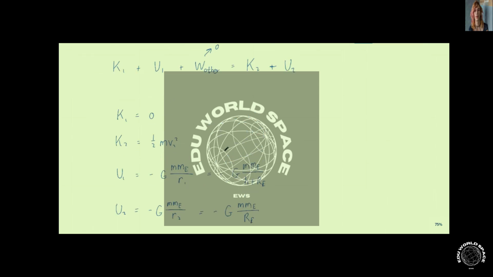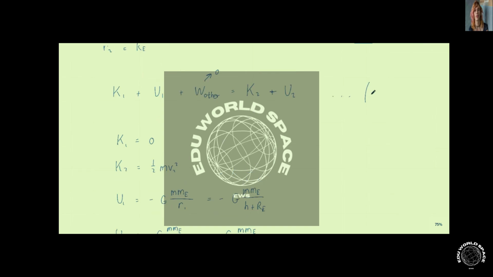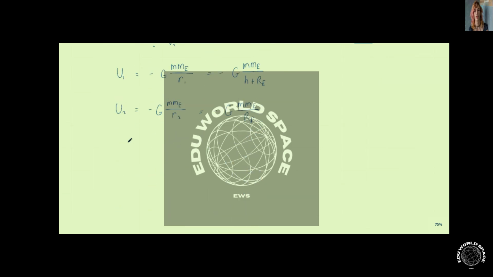So if we go back to our conservation of energy equation, we have minus G m me divided by h plus re is equal to a half m V2 squared, the final kinetic energy of the hammer, minus G m me divided by re.